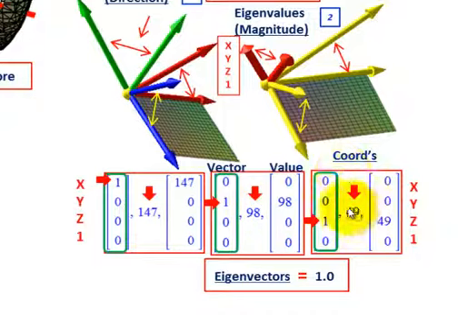And same thing for your last eigenvalue, 49. It's 0, 0 in the x and y, and it's sitting in a unit of 1 in your z position. So your eigenvalue of 49 times a unit of 1 in the z position gives you 49 in your z direction.